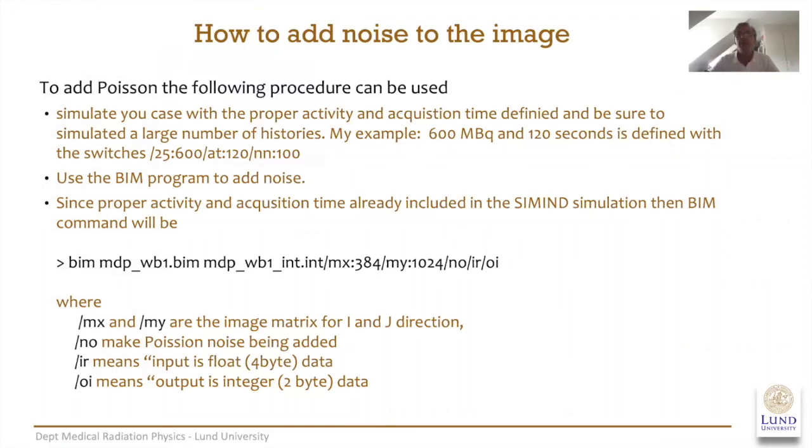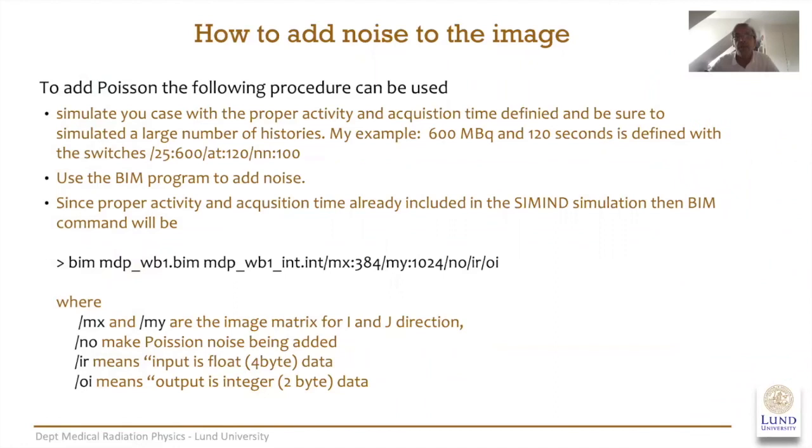So you can simulate with SIMIND a quite good average image by selecting a lot of histories and doing a long run to get very low noise images, but they don't represent the noise in a real situation. So if you want to mimic that, you can scale these images to the proper activity and the acquisition time, and then add noise to it. You can use a program called BIM, which is in the distribution.